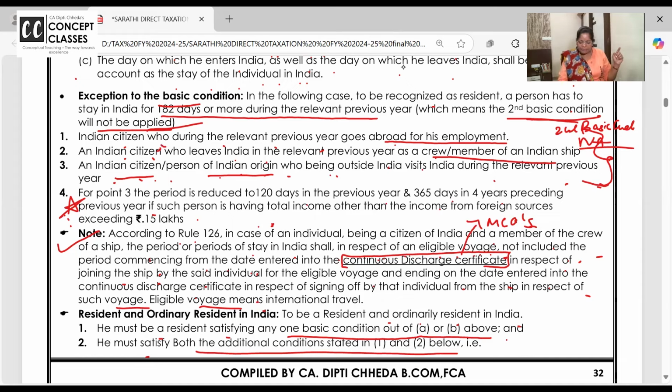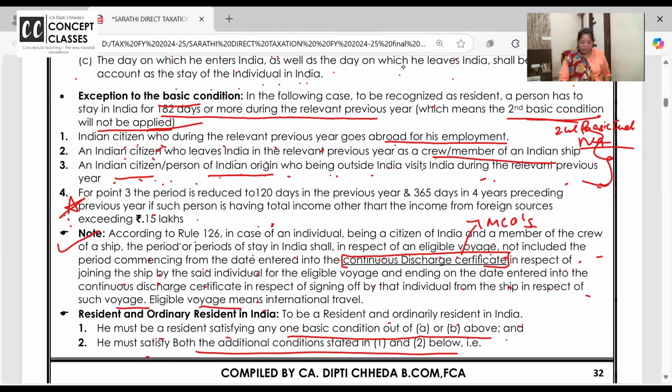Who was first? An Indian citizen who is going abroad for employment. Second, an Indian citizen who leaves India as a member of crew. Third, an Indian citizen who being outside India visits India during the relevant previous year. Okay.